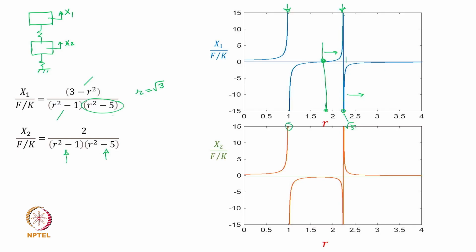So if I plot this variation, it looks like this. So here again you have resonance here and resonance there based on r equal to 1 and r equal to square root of 5, and at the frequency at which the compressor response was 0, the response of the raft is minimum here, but it does not flip its sign here, it just continues, and because of the absence of the 3 minus r square term in the numerator, it has 2 switchings in the sign of the response, okay.